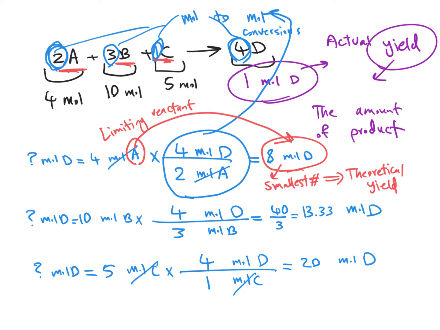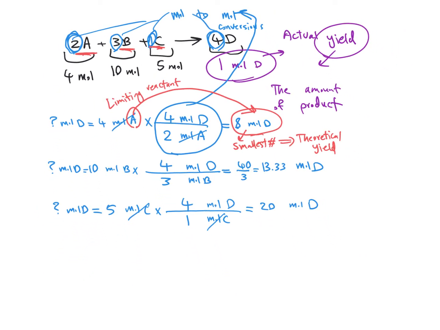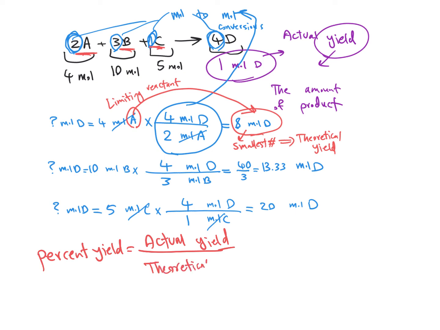And then I talked about actual yield too. And finally, if I can manage, okay, sometimes it works better than other times, I don't know why. So percent yield is the smaller number, which is actual yield, divided by theoretical yield, multiplied by 100%. What was my actual yield?